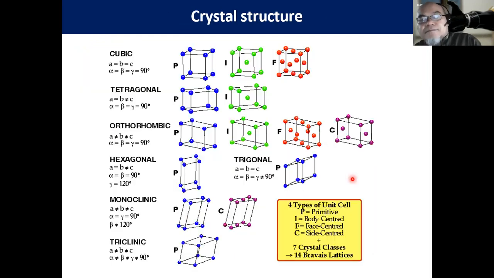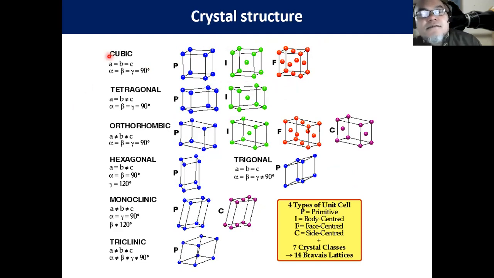Okay, then these are other crystalline structures. Cubic itself, this is simple cubic, primitive cubic, where the atoms only fill the corners. We have body center cubic, and we have the face center cubic or FCC.